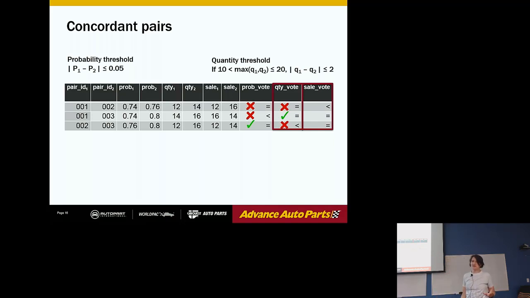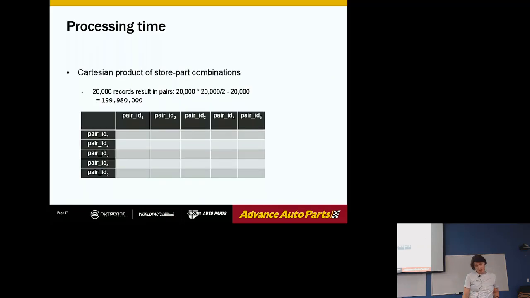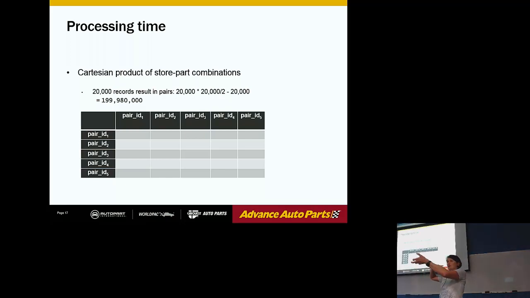Now we can just calculate the percent of concordant peers. Of course, we run into another problem. Remember, we took part and store, and we multiplied parts and stores with parts and stores. That creates Cartesian products of store-part combinations.